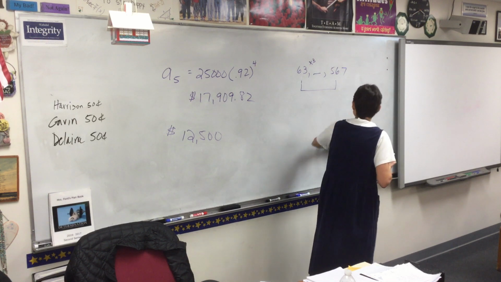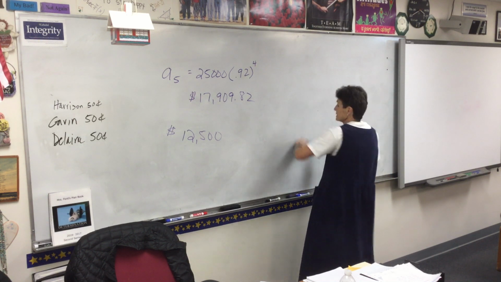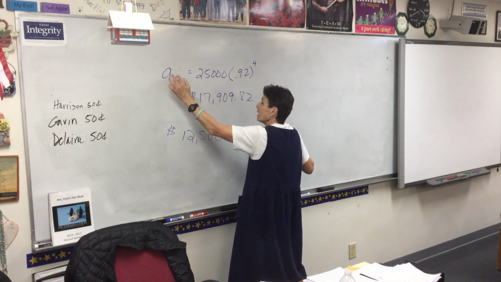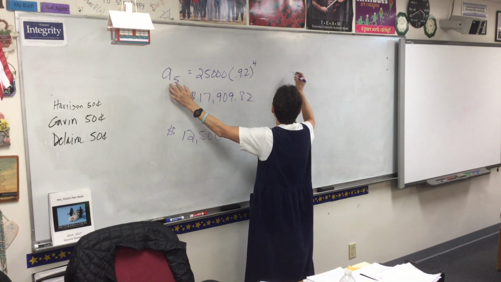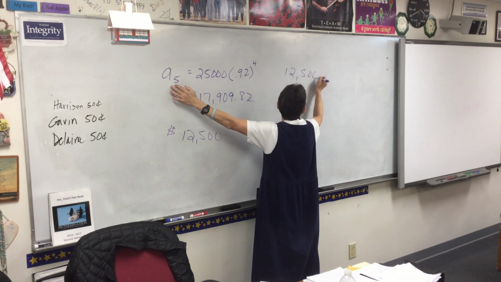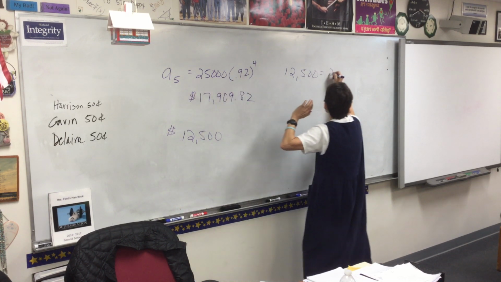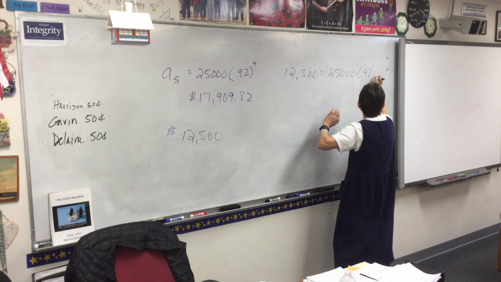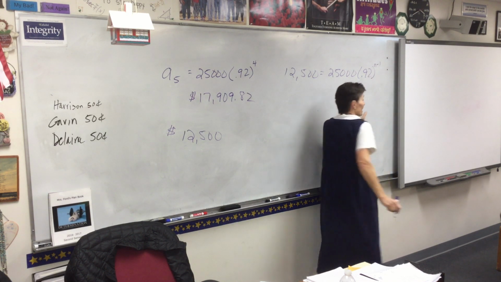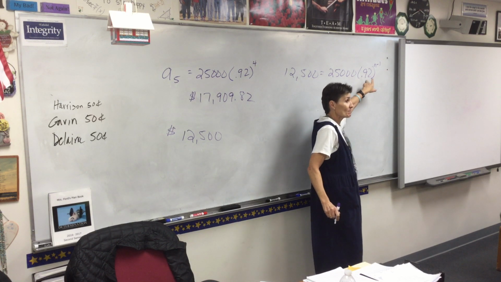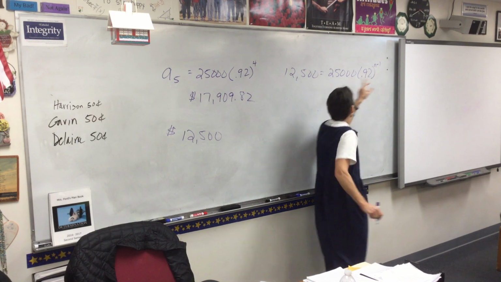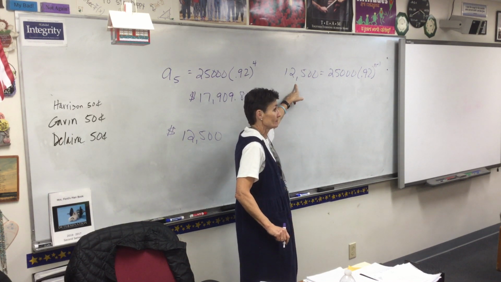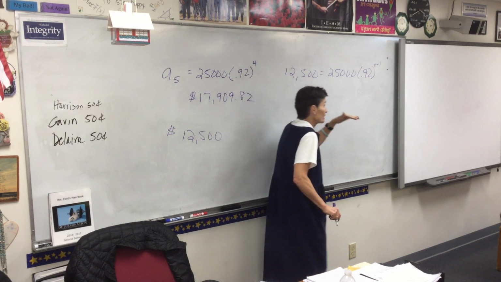What Brendan said is, we want this number to be 12.5. We want to figure out how many times we have to multiply this to make that number come out to be 12.5. Would you agree?